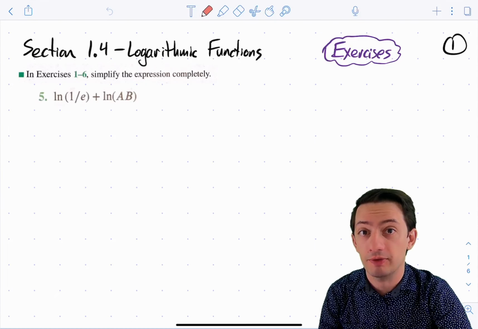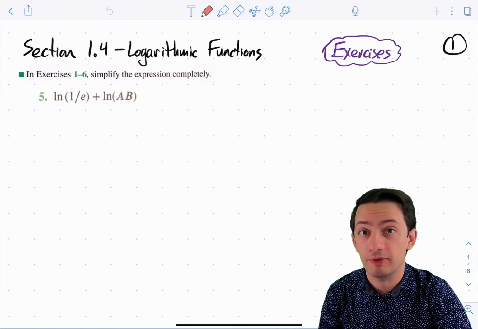So jumping right in, we've got two different parts that we need to simplify. This ln, remember ln here is the natural log, so that's the log base e of 1 over e. So this is like saying, this quantity says e to what power equals 1 over e.